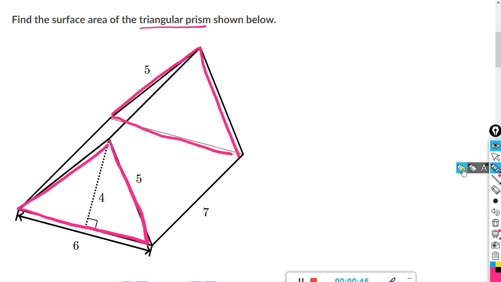All right, so let's start with the area of the triangle. That is just 1/2 times the base times the height. The base and the height of the triangle are always perpendicular to each other.